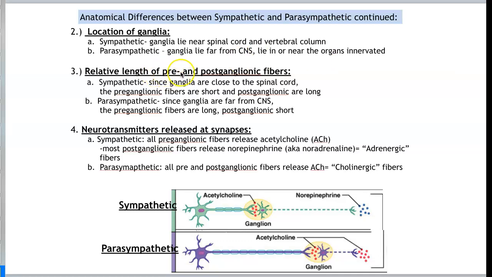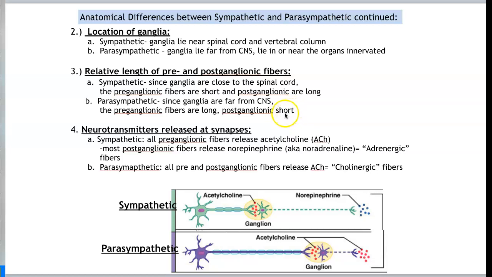So we look at the relative length of pre- and postganglionic fibers. Start with the parasympathetic. The preganglionic fibers are long. Remember we said the vagus? Vagus is long. It is going from the brainstem all the way down into the abdomen. It's going to synapse in an intramural ganglia within the organ, and that is short.